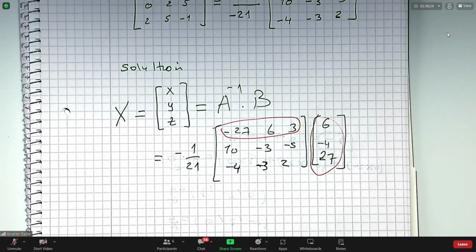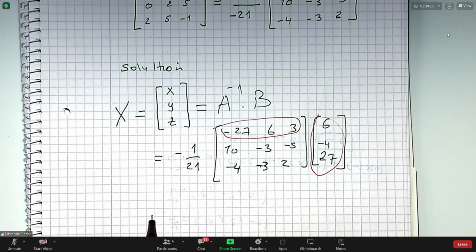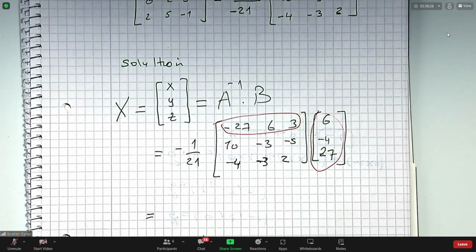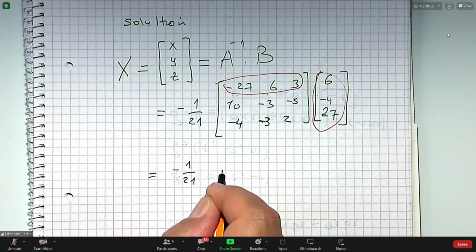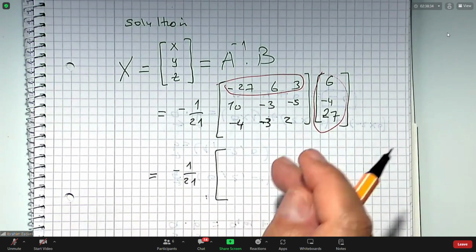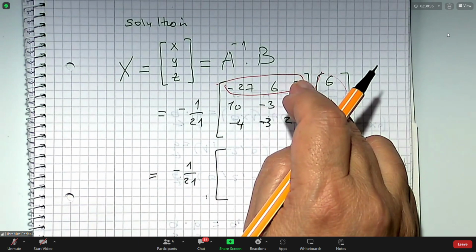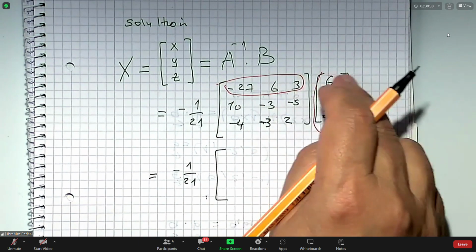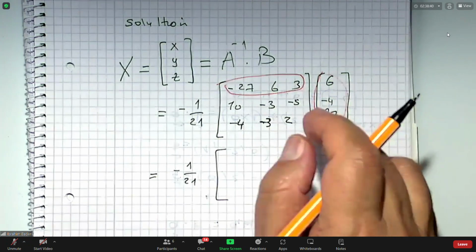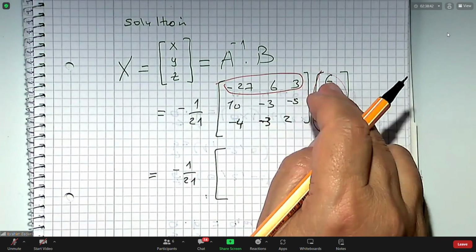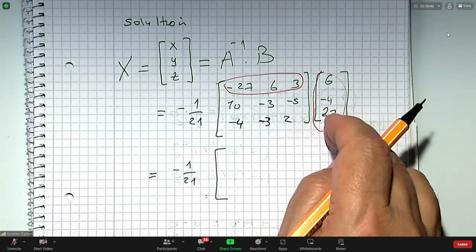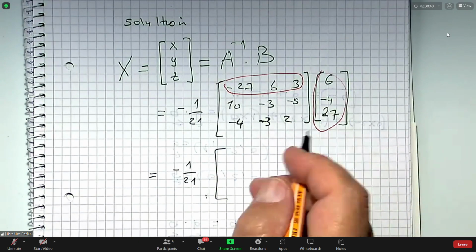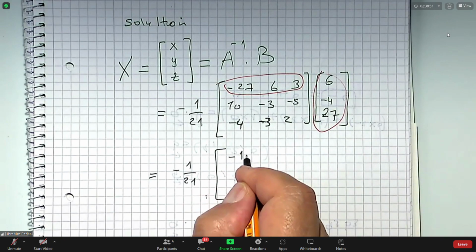So I just multiplied this out, and this is -1 over 21. Remember, this one has 3 columns, this one has 3 rows, so it will work. -27 times 6, 6 times -4, 3 times 27. So I evaluated this as -105.